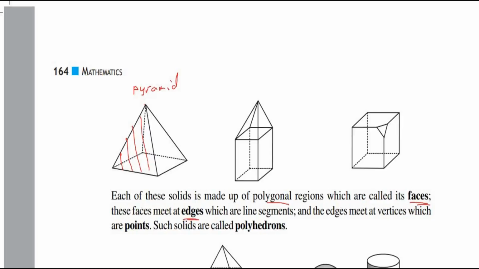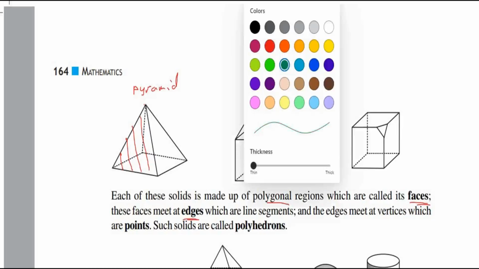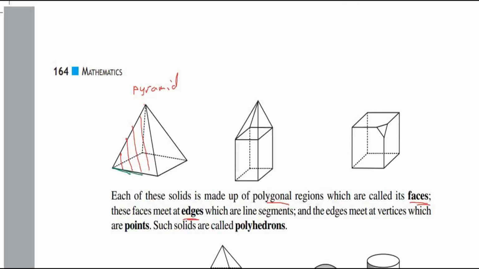The faces will meet at edges. In this case, the edge up here is there. This is the edge. This also is an edge. And edges are line segments. The edges, we can say, meet at vertices, or the three faces meet at vertices.